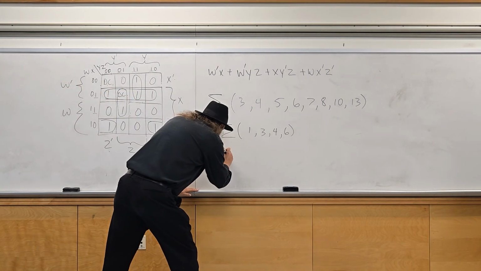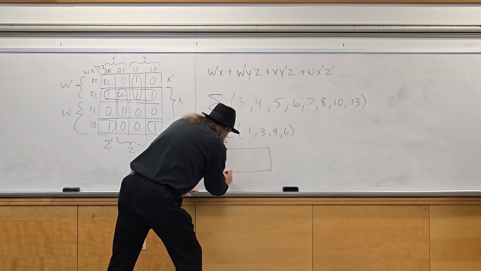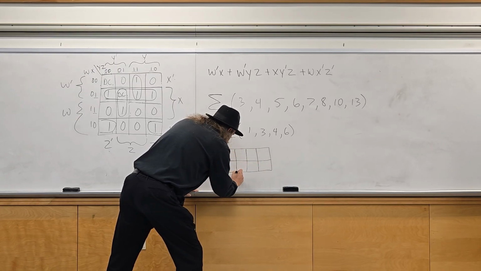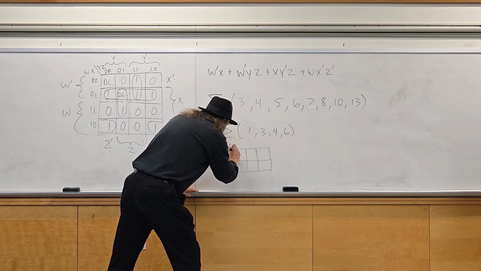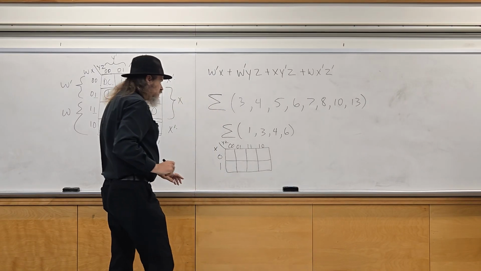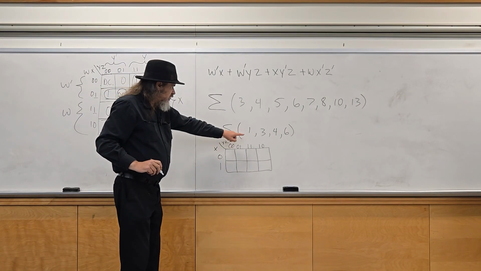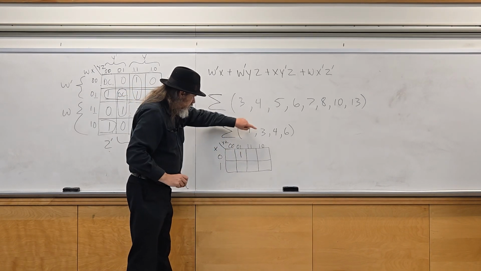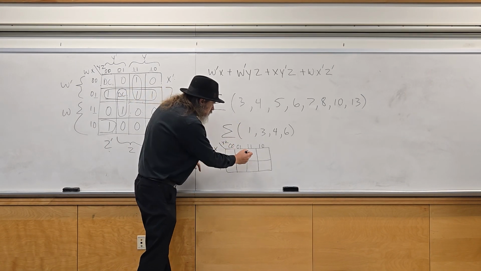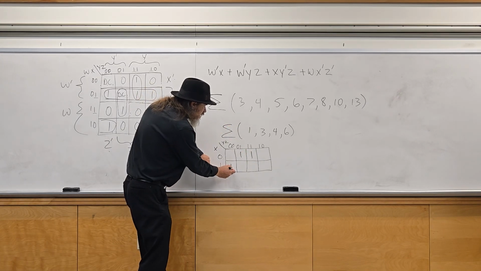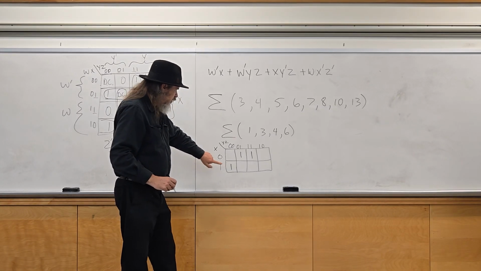So you have x, y, z. 1 would be 0, 0, 1. 3 would be 0, 1, 1. 4 would be 1, 0, 0. And 6 would be 1, 1, 0.